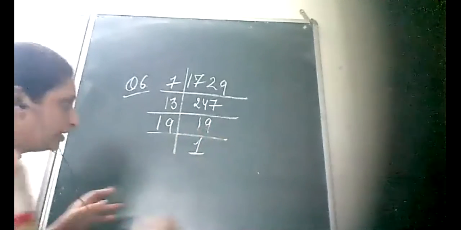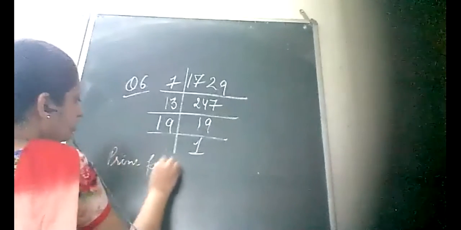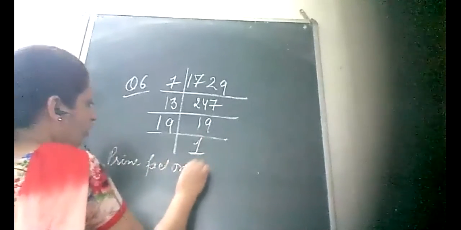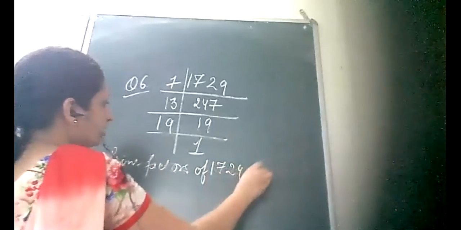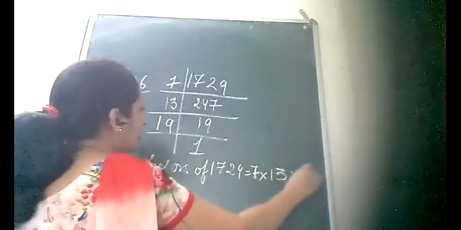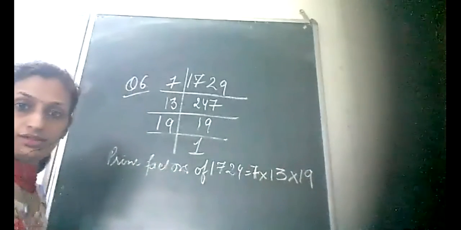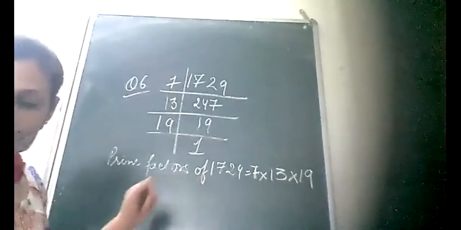Okay. So we'll write down here prime factors of 1729: 7 multiply 13 multiply 19. Okay, these are the prime factors of 1729.